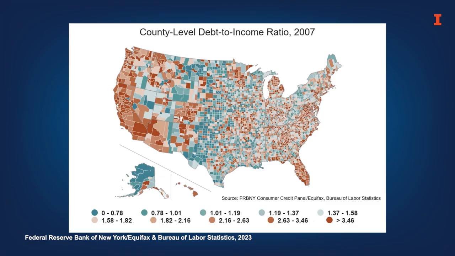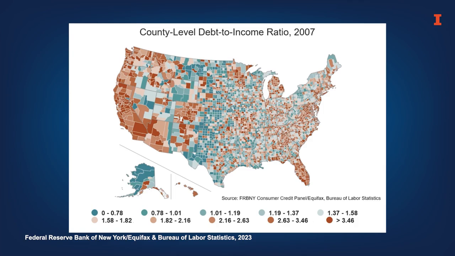How big of an effect can we expect from mortgage rate changes? The answer depends on how indebted households are. If households have zero debt, then changing borrowing costs will be irrelevant. The map shows you the median debt-to-income ratios for households across all counties in the United States in 2007, right before the 2008 financial crisis.